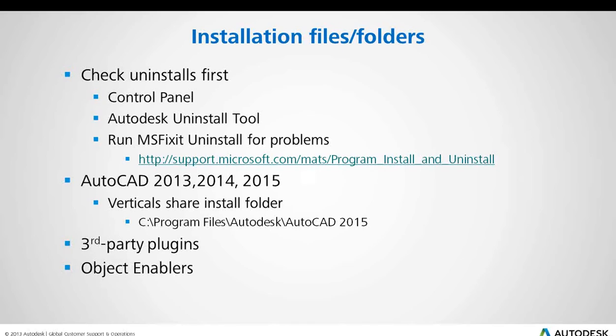For AutoCAD verticals, like vanilla AutoCAD, AutoCAD Mechanical, AutoCAD Electrical, things like that, they will all share the AutoCAD 2015 folder as their base folder, and then underneath that there will be like a mechanical folder or an electrical folder for the specific files for those verticals, but they'll still share the base AutoCAD 2015 folder.